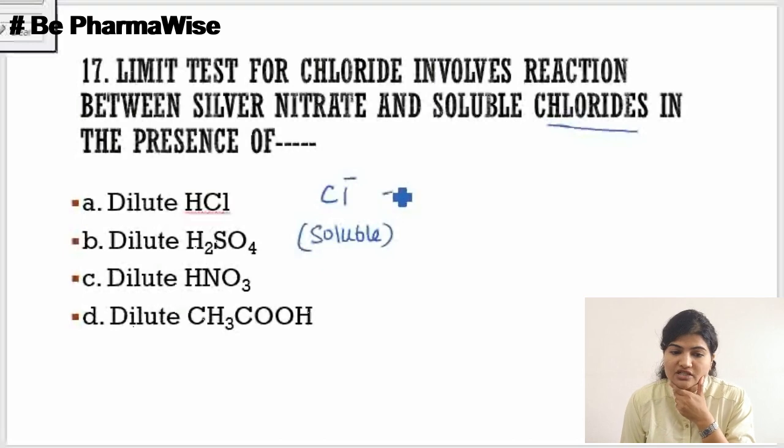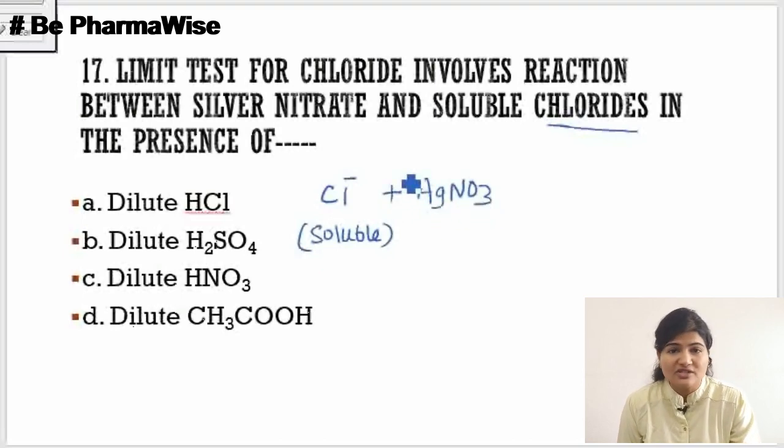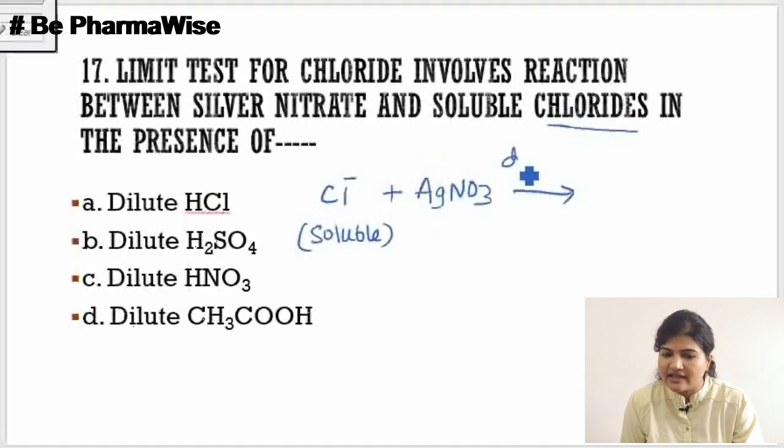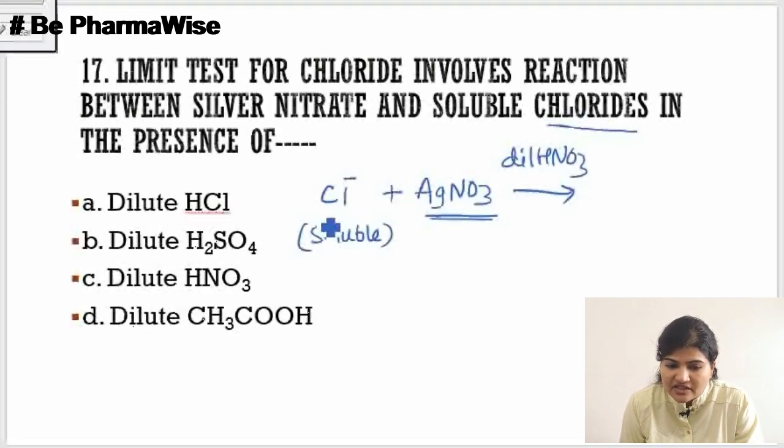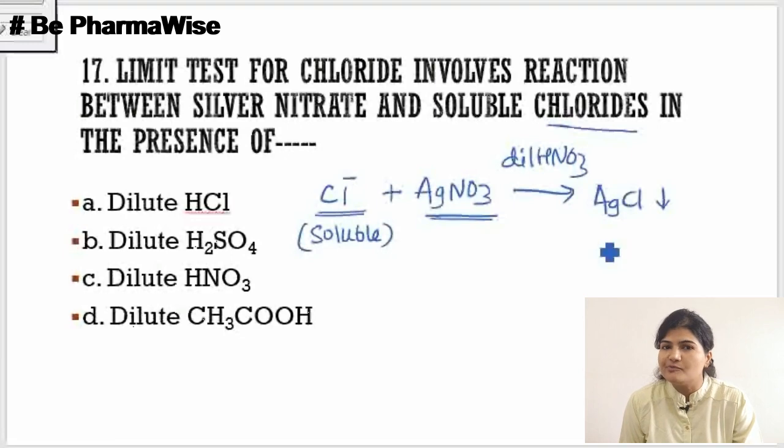So what you do is you add silver nitrate to it. Now you know silver nitrate is a precipitating reagent in the presence of dilute HNO3. Now what happens, this AgNO3 reacts with these soluble chloride impurities and they form a precipitate of AgCl. Now what is a precipitate?